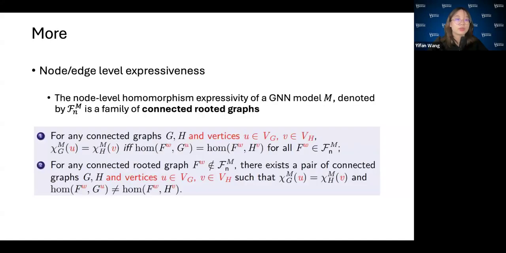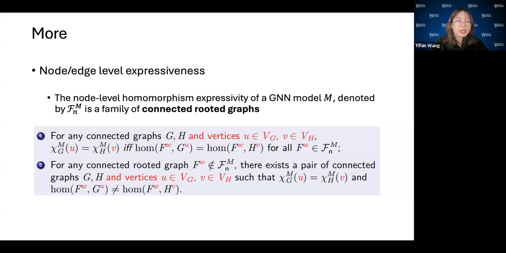Okay, this paper also extends the homomorphism concept to node and edge level expressiveness. For example, for the node level homomorphism expressivity of a GNN model, we use F to denote a family of connected rooted graphs. So it is very similar to the definition of the graph level expressiveness.